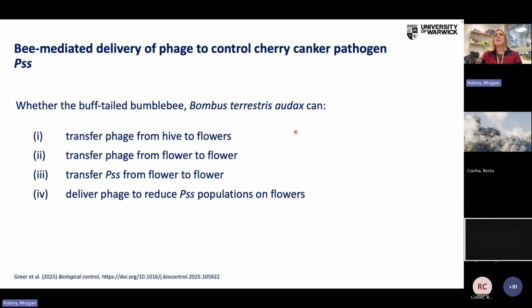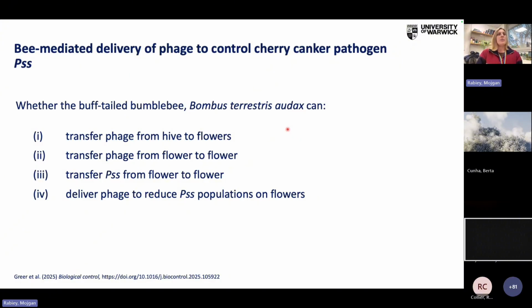Could they move PSS from flower to flower? Are they enhancing the spread of the disease in cherry crops? And then finally, probably the most important question is, if bees can deliver phage to cherry flowers, are these delivered phages effective at reducing PSS populations?